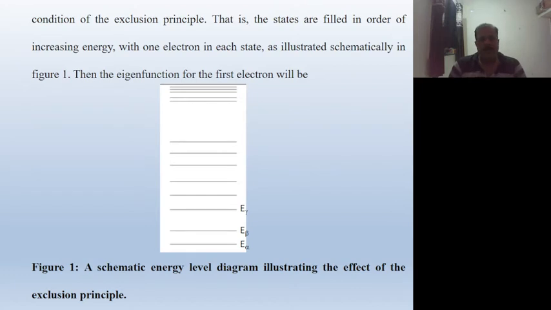That is, the states are filled in order of increasing energy, with one electron in each state, as illustrated schematically in figure 1. This is the energy level diagram of the exclusion principle. The lowest ground state is E alpha, then E beta, E gamma and so on. These are the states of increasing excitation.